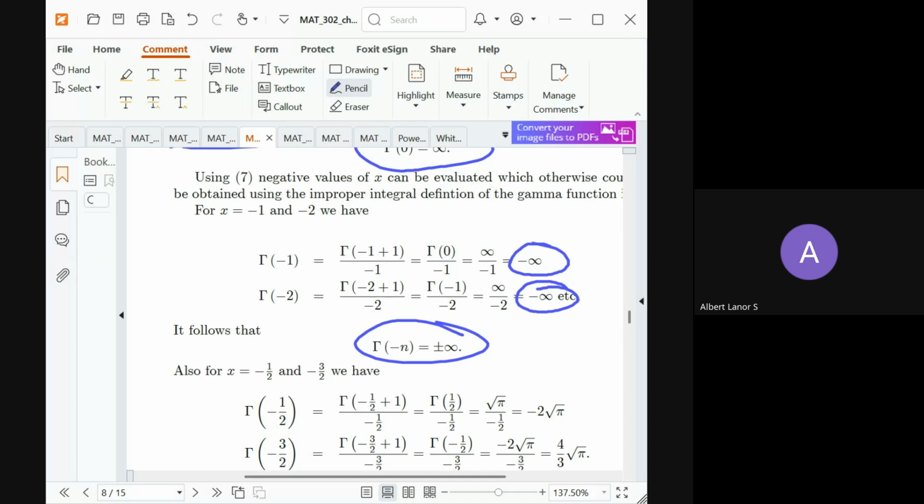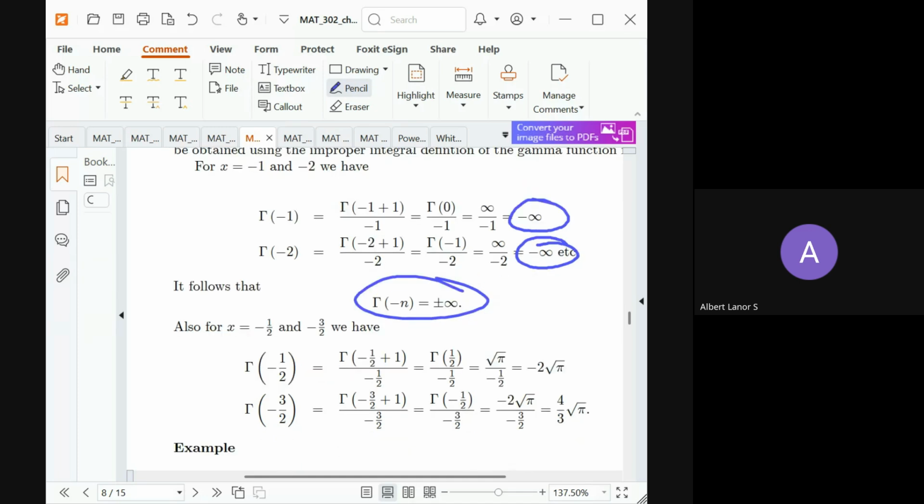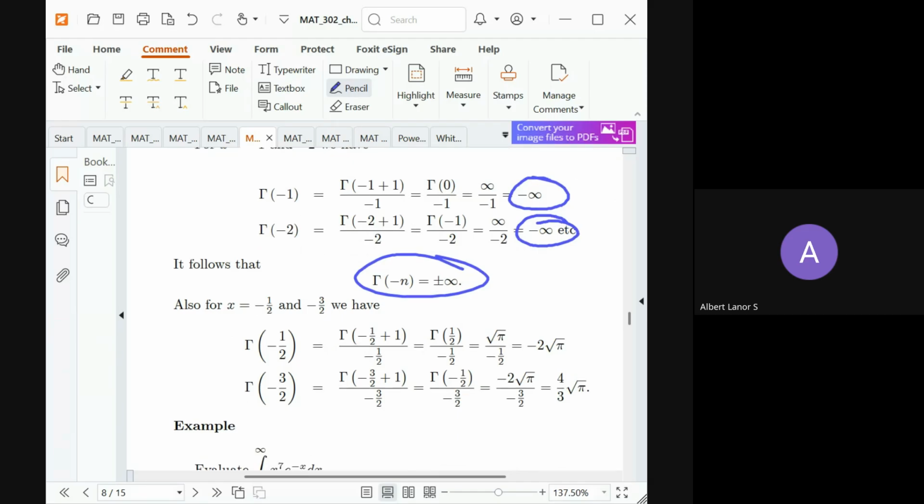So if you find gamma of negative half, gamma of negative half is gamma of minus half plus 1, divided by x, which is minus half. And gamma of half is root pi, divided by minus half, and that gives you minus 2 root pi.